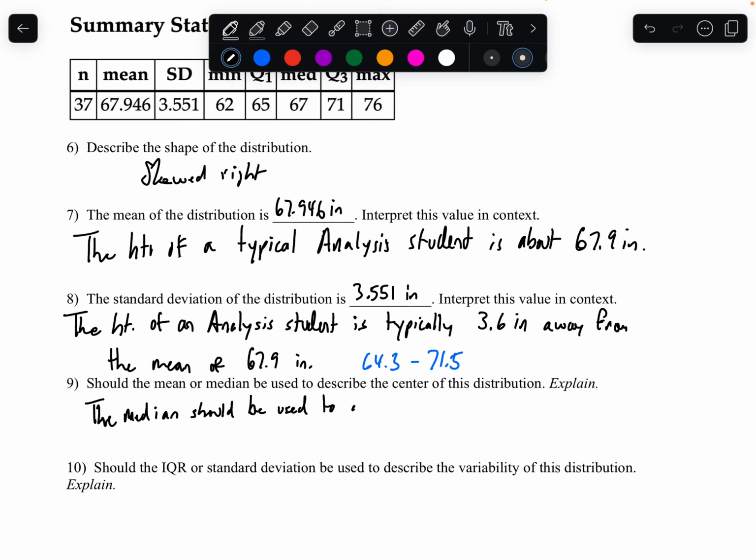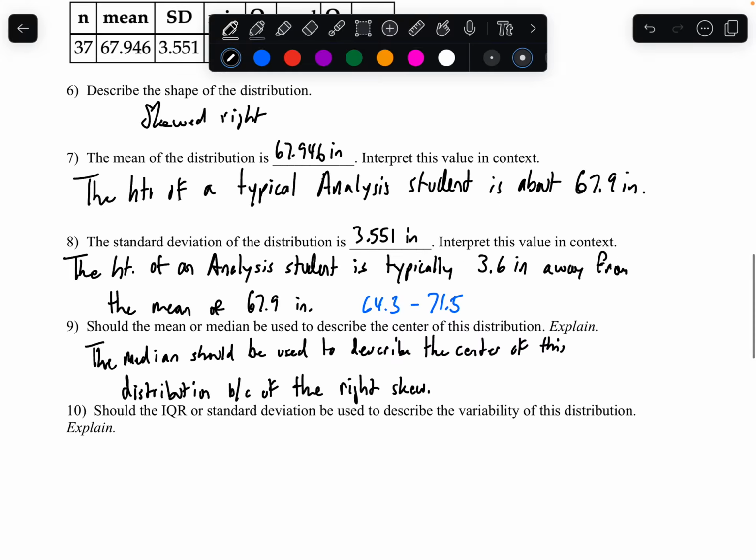The median should be used to describe the center because of the right skew. Really I'm going to write the exact same sentence, except I'm going to say IQR and variability instead of center.